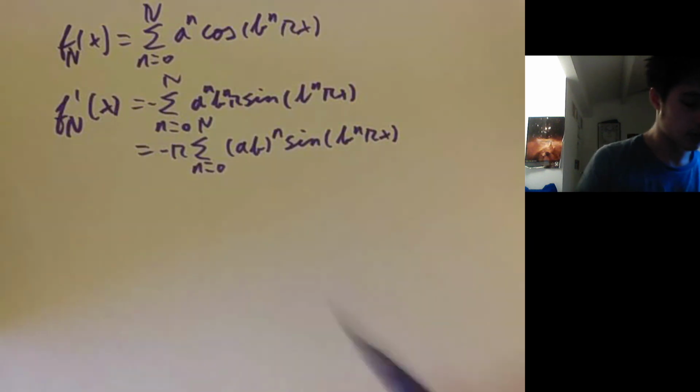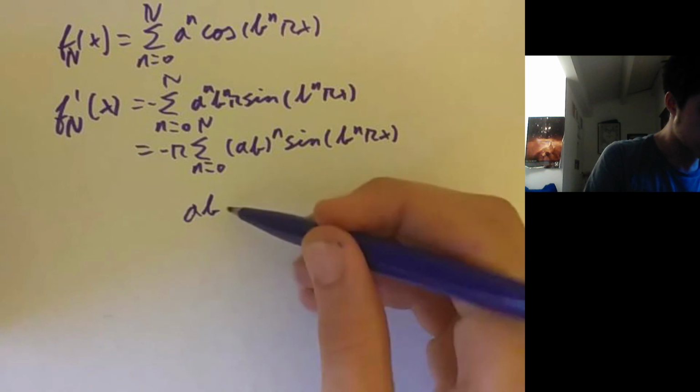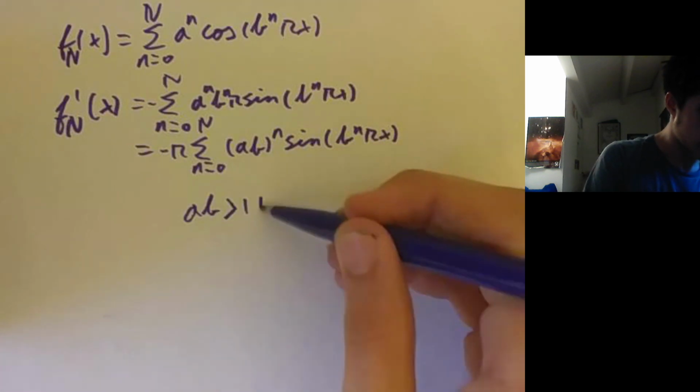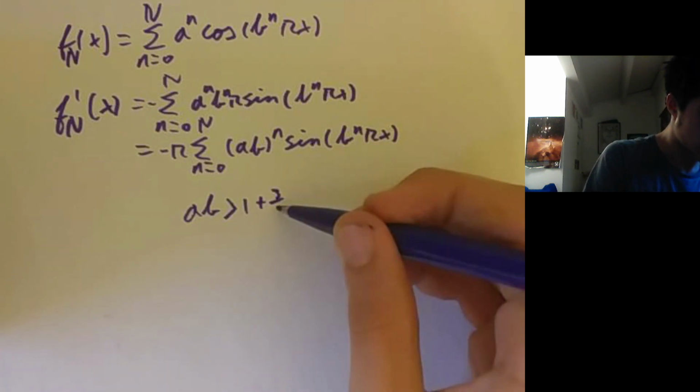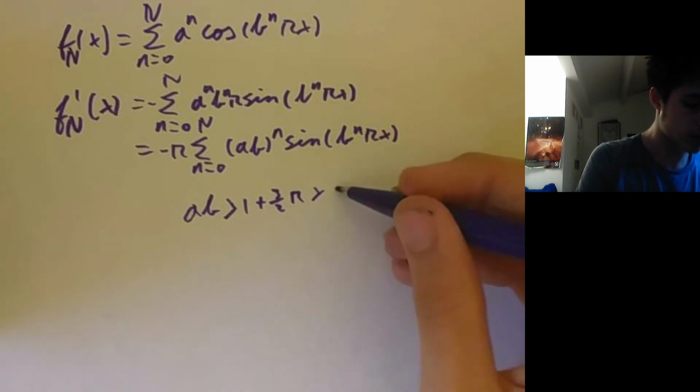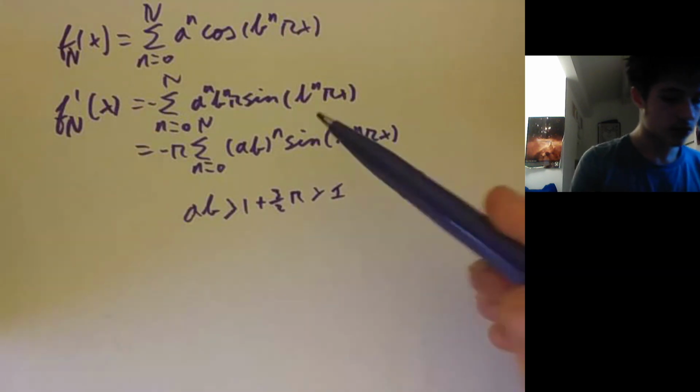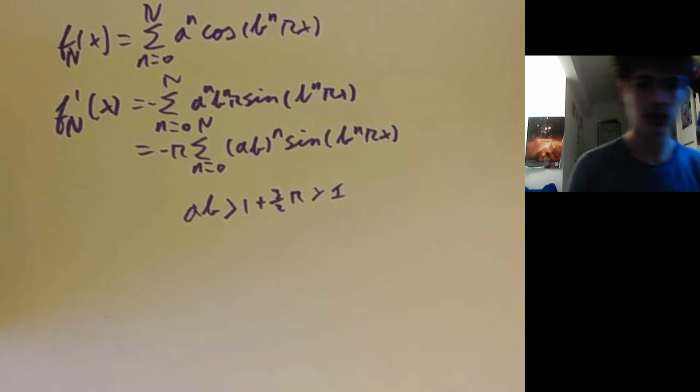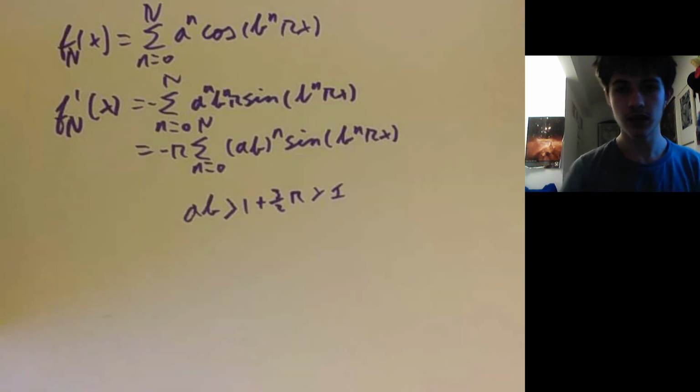And of course we have the condition ab is bigger than 1 plus 3/2 pi, which is of course greater than 1. So this sine function will bounce a little bit.